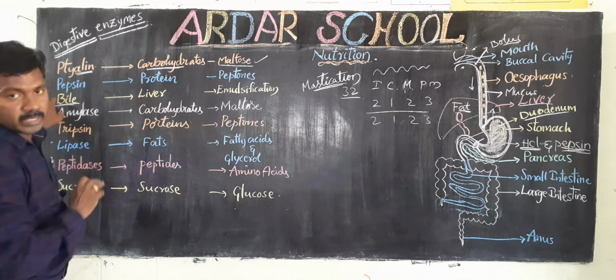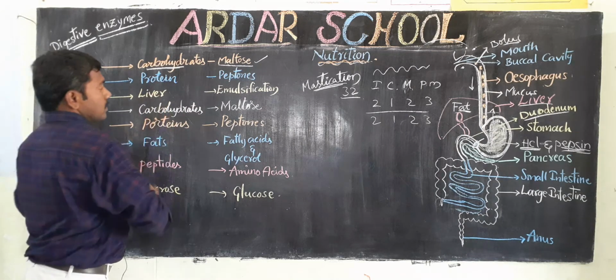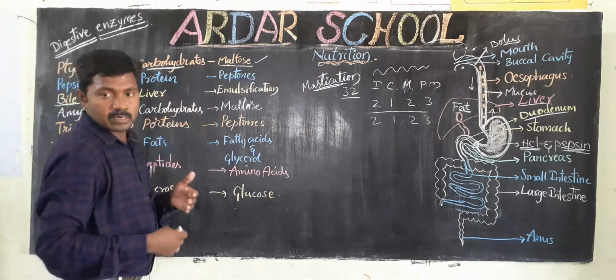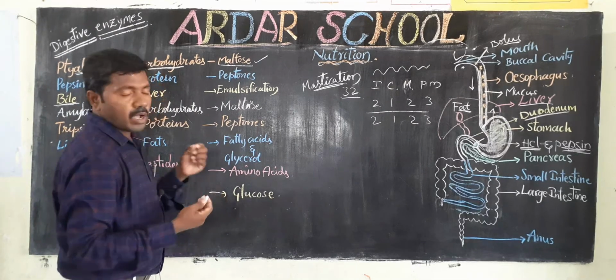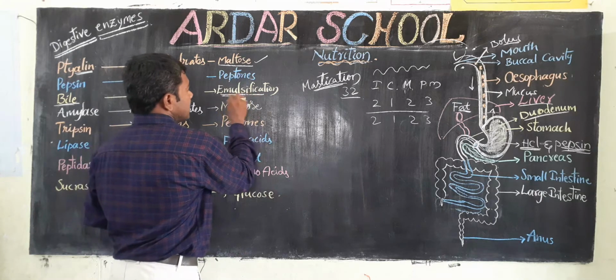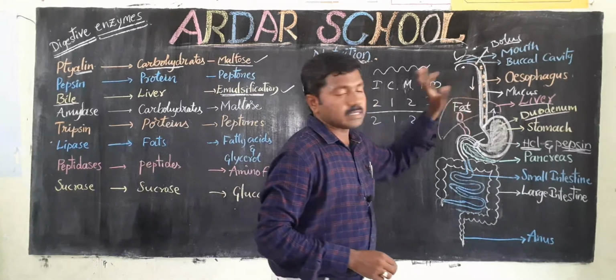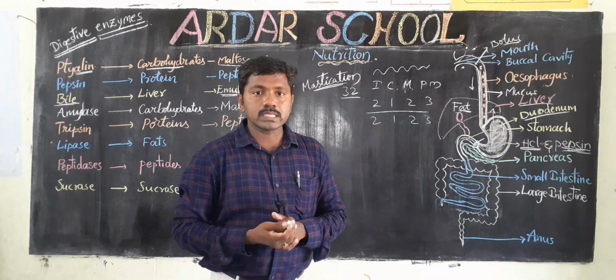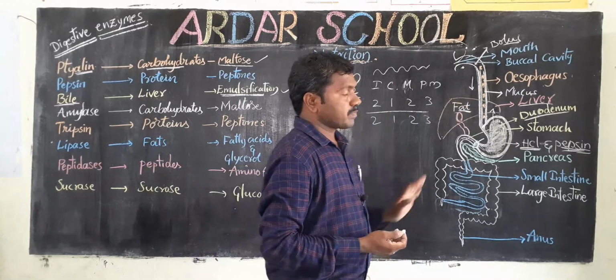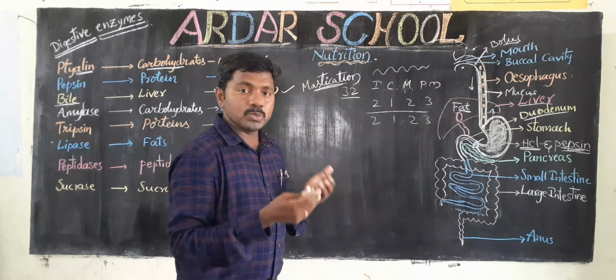Bile juices go to the duodenum. Here fats are digested and turned into small globule-like structures. That process is called emulsification. That means fats are digested here. From the liver, some bile juices are secreted.